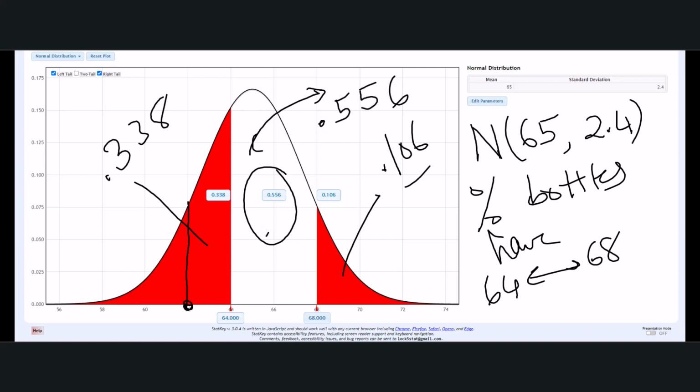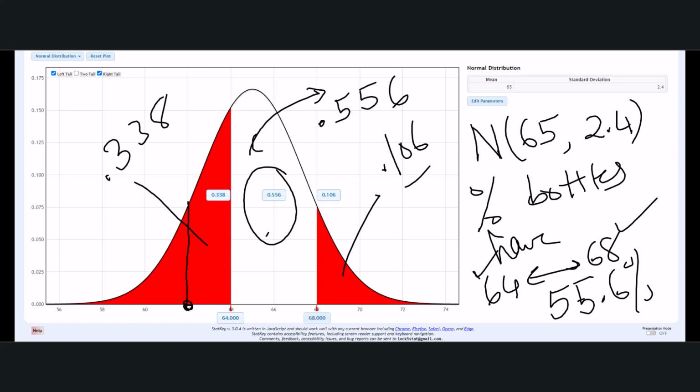So what we have is that 55.6% of the values are between these two, that is 64 drops and 68 drops.